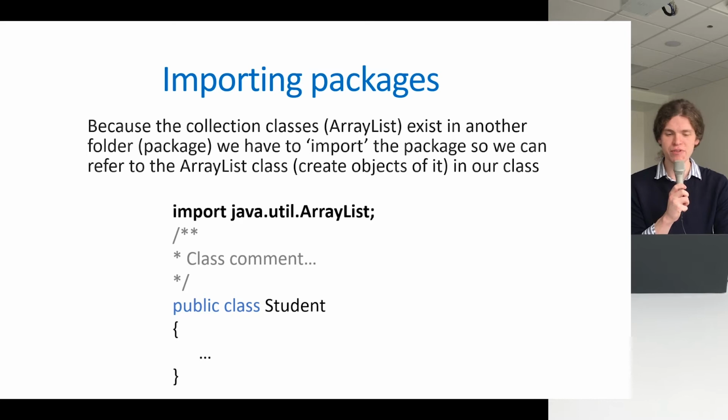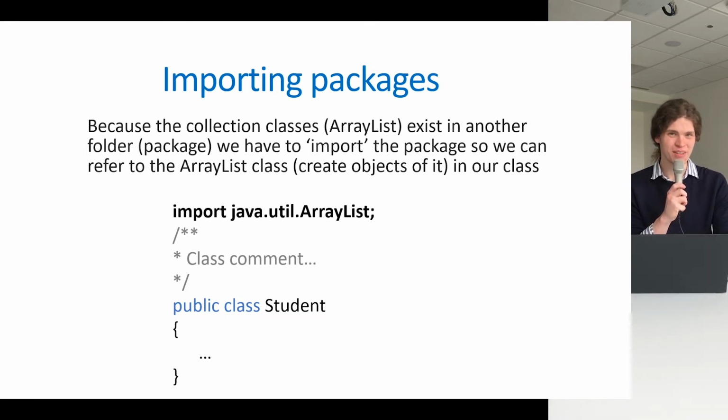So notice here that we've got an import statement which sits above the class definition. So if there's a class that you want to create an object of the ArrayList of, then we need to import the ArrayList class. Okay, so packages here really just referring to folders.